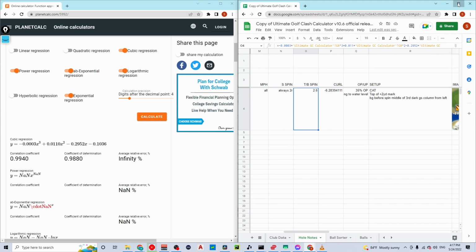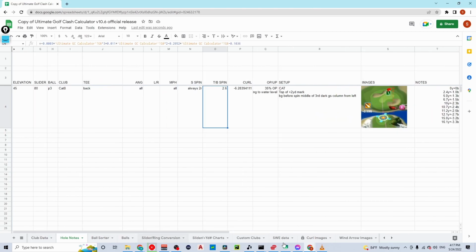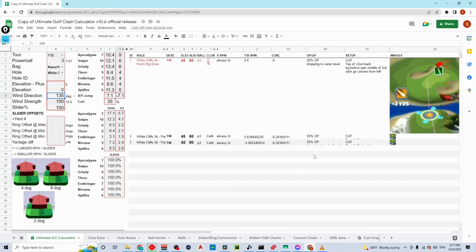So let's take a look at that. So let's go to the main section. All right, so say I had 45. So I have 7.1 y, and it's saying now I need a minus 1.7 backspin.